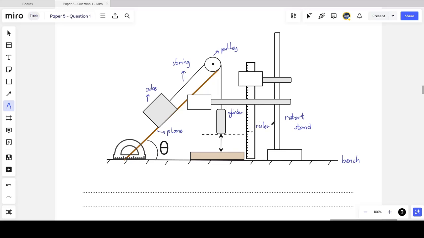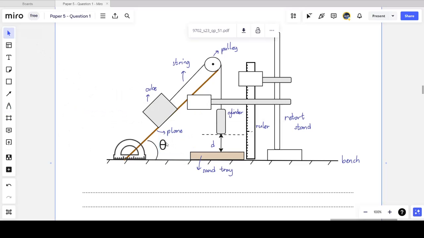I then have a ruler to measure the distance d from the bottom of the cylinder to the bench, but actually I'm not going to let the cylinder fall onto the bench because that's dangerous. I can damage the cylinder or I can injure myself. And so what I'm going to do is include a sand box or a sand tray to remove some of the energy when the cylinder falls and prevent it from breaking or damaging anything.